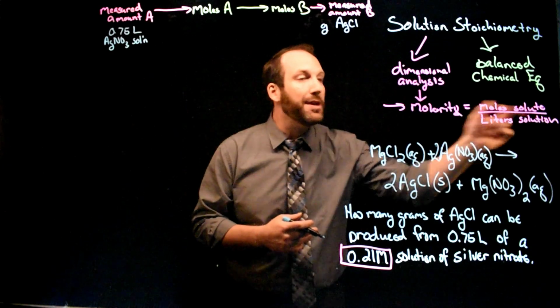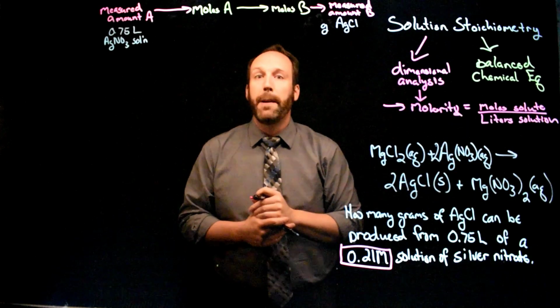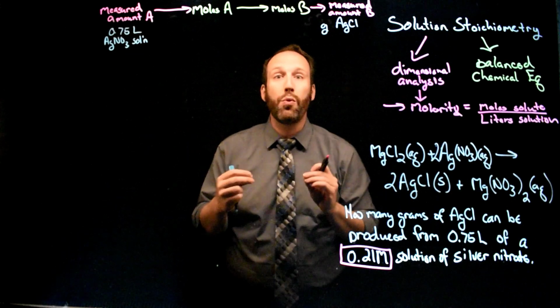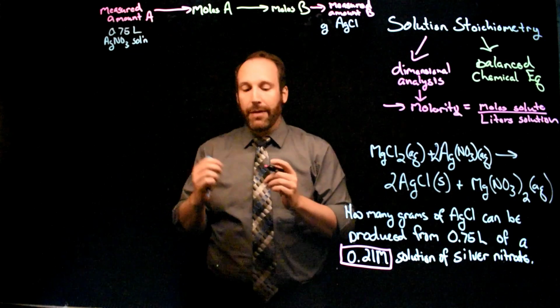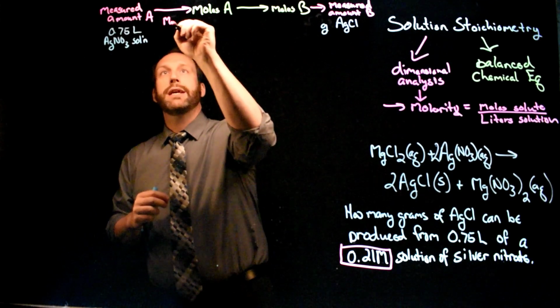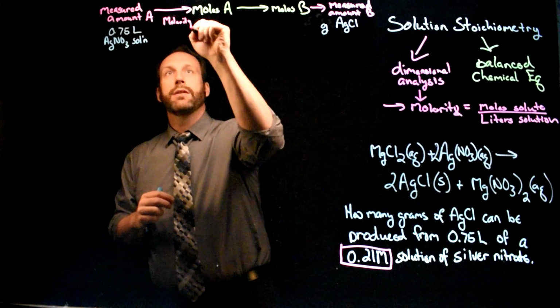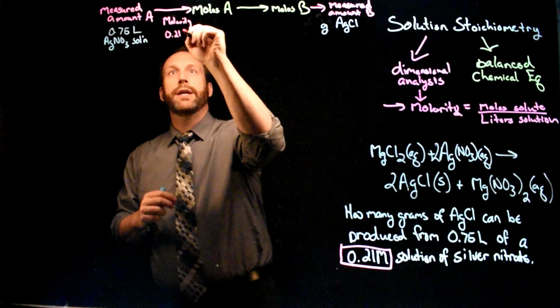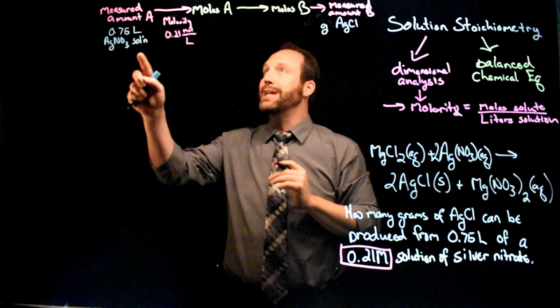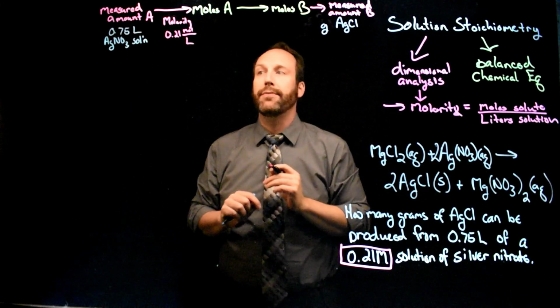So it's moles of AgNO3 per liter of solution. Well, we don't have quite a liter. We've got 3/4 of a liter. But we can use this molarity of 0.21 moles per liter as our conversion factor to get us to moles of A.